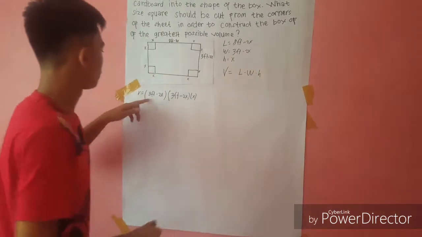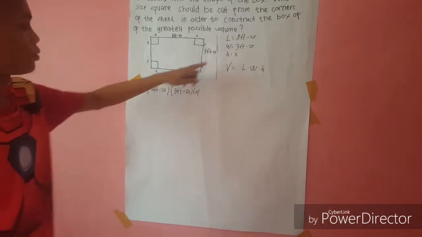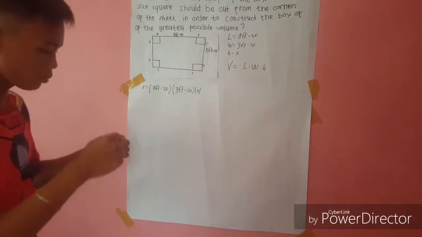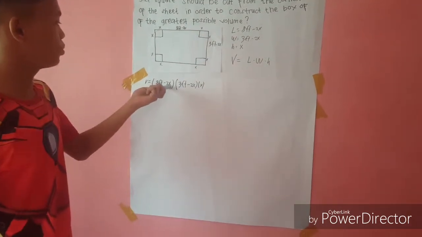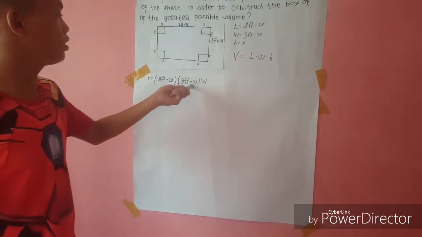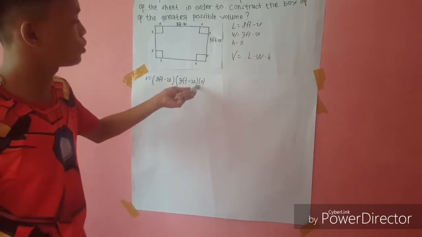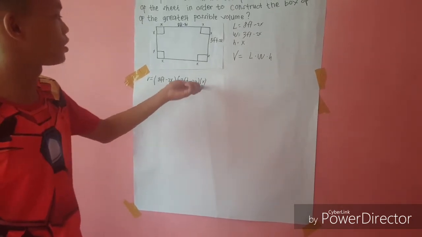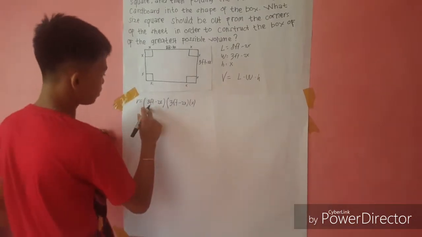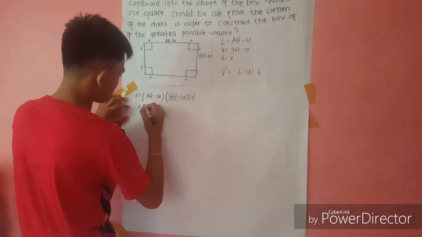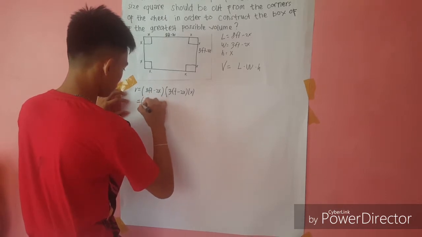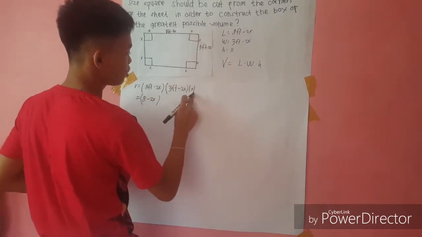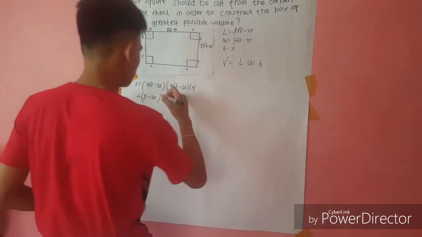So we have here our volume. We substitute using our formula: we have 8 feet minus 2x and 3 feet minus 2x, and our height here is x. So let's copy this. And here we're gonna distribute our x.